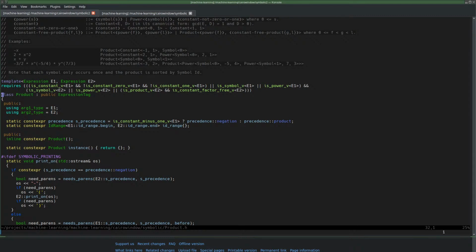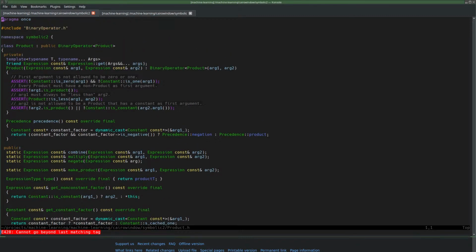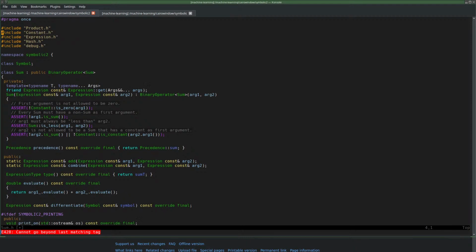Isn't it? The other namespace. Let's try this.